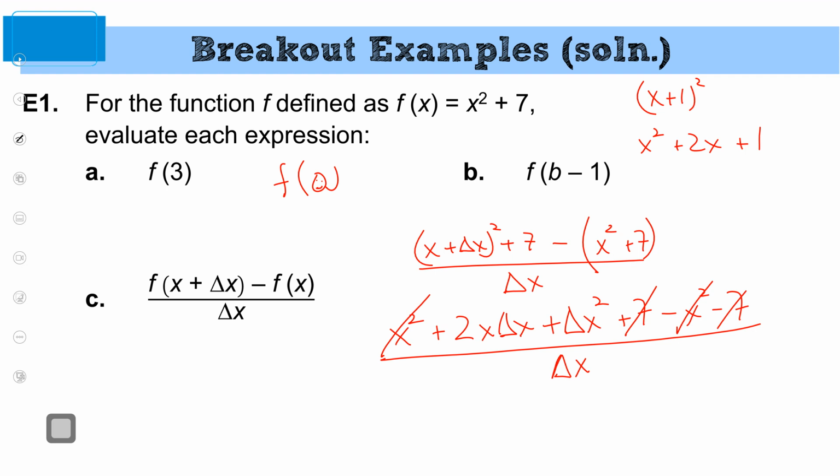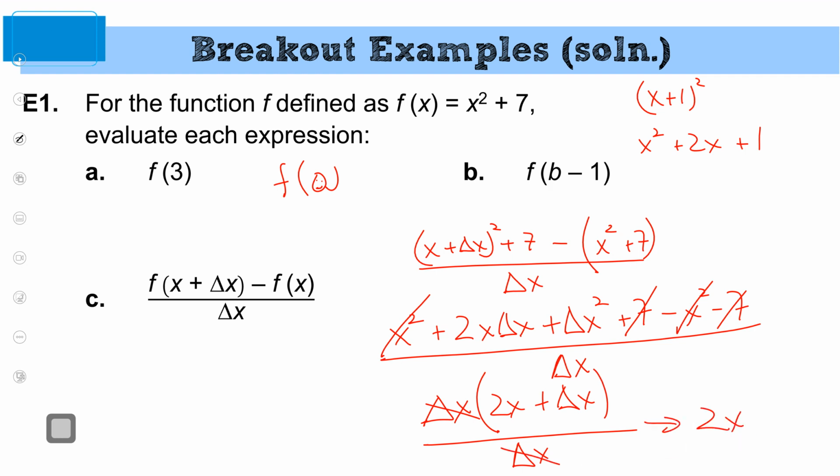And I'm going to do it the traditional nitpicky way. Most of you would just cancel all the delta x's and go from there. However, as things get more complicated, you probably want to get in the habit of taking delta x out of each of those, and then canceling. And so our final answer becomes 2x plus delta x.